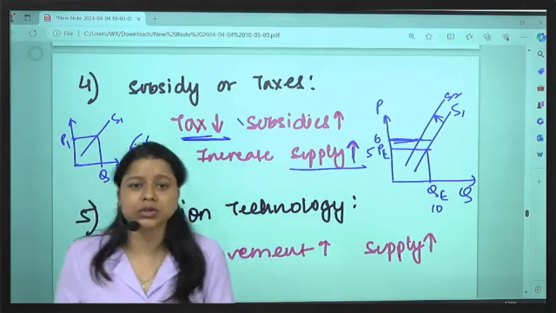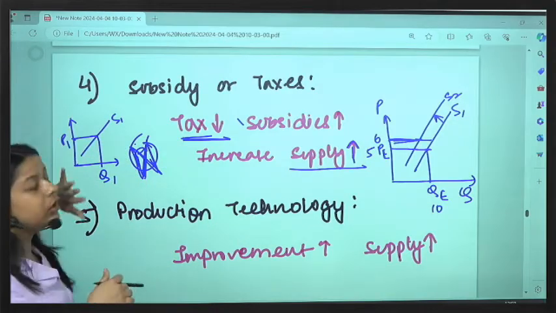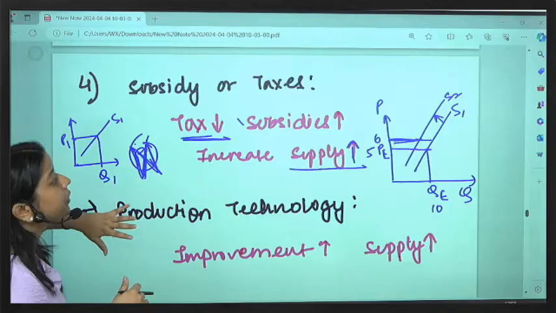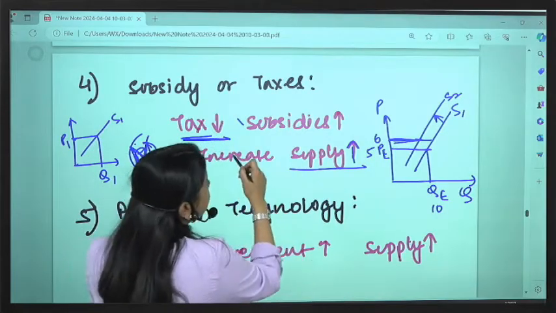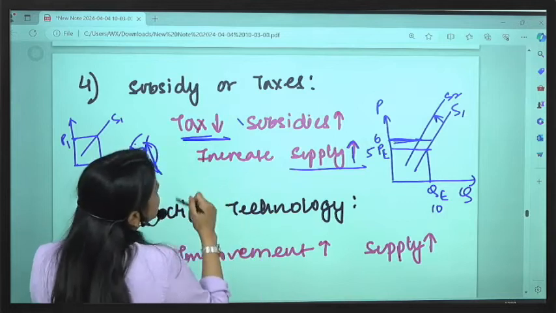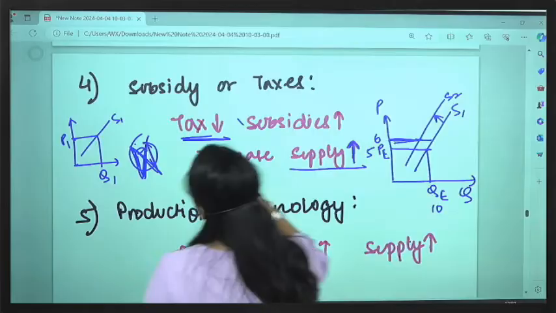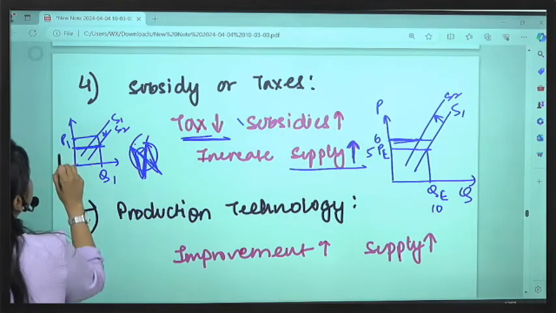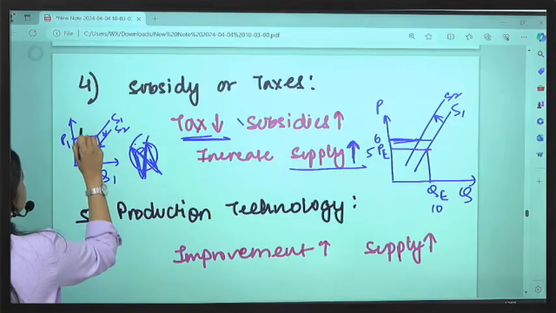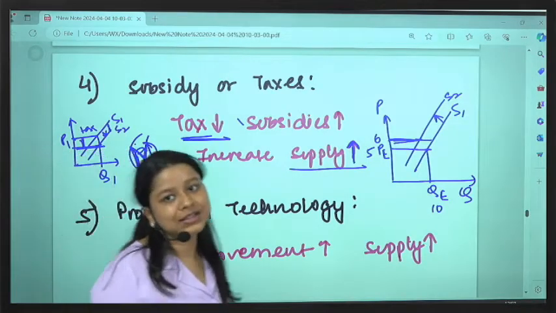So now if they have reduced the tax, your good has become cheaper, and since your tax is going down, you will increase the supply. It will move to the right. This portion is known as the tax portion.